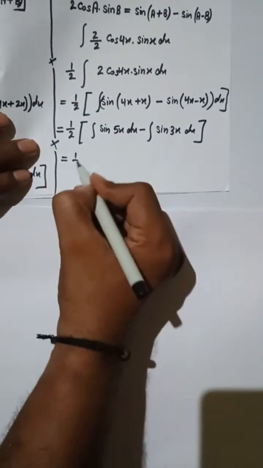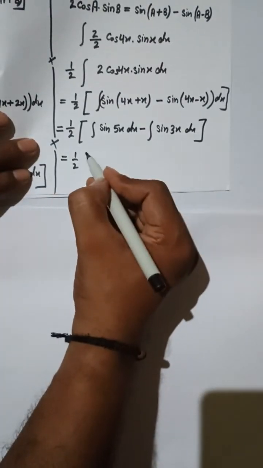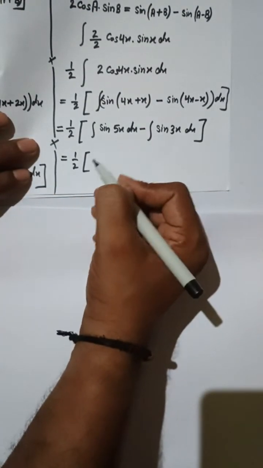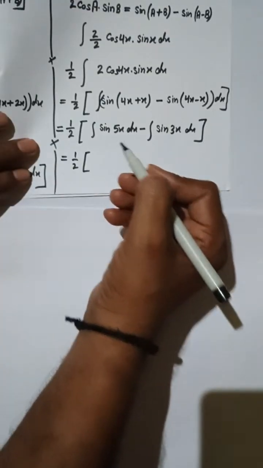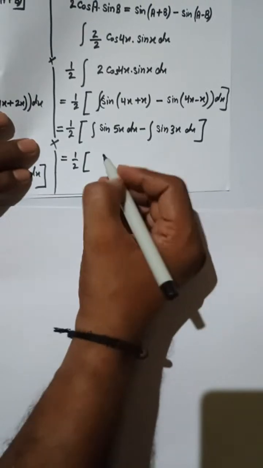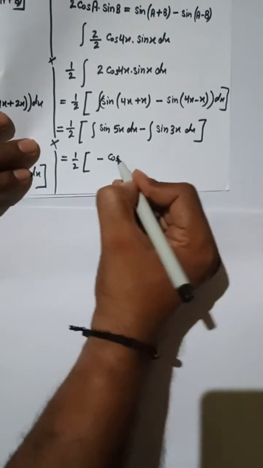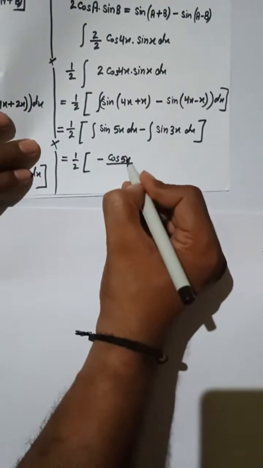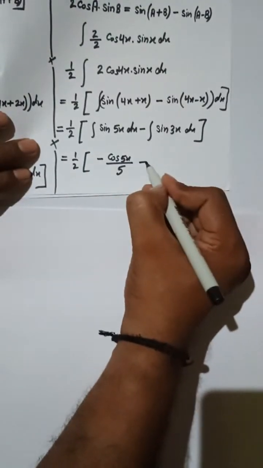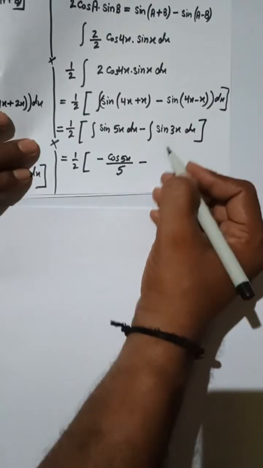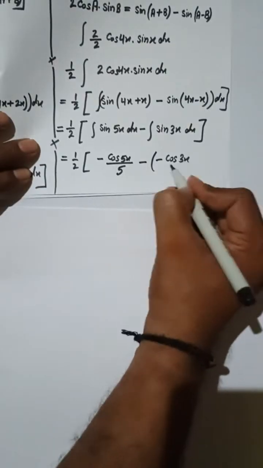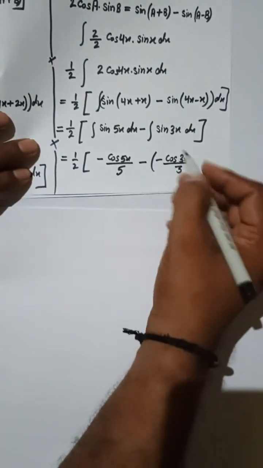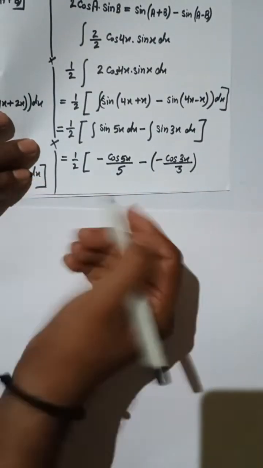Now 1 by 2 I can write, and I have here the integration of sine 5x into dx. We know that the integration of sine x is negative of cos x. So here negative of cos 5x divided by 5, and then minus the integration of sine 3x, which will be negative of cos 3x by 3, and this negative and this negative multiply together and give us a positive sign.